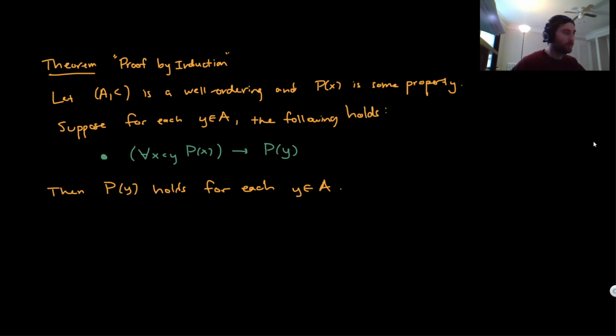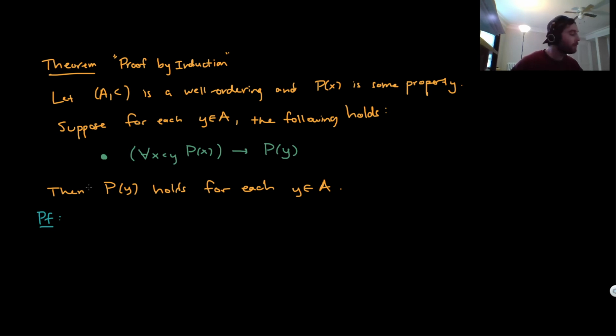So how does the proof of this thing go? Well, we want to show that P of y is true for every single y in A. And all we have access to is that this is a well-ordering. So what do we know by that? By definition, every non-empty set has to have a least element.